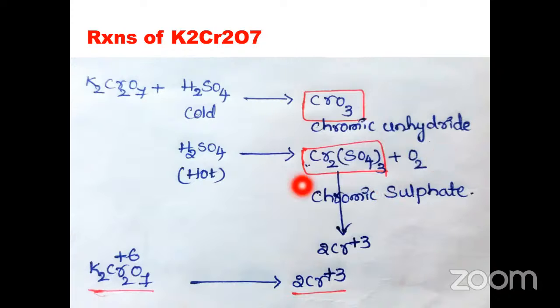This Cr2(SO4)3 is known as chromic sulfate. When it is dissociated, it forms 2Cr 3 plus and 3SO4 2 minus. Finally, potassium dichromate, K2Cr2O7, in acid medium forms Cr 3 plus ions.